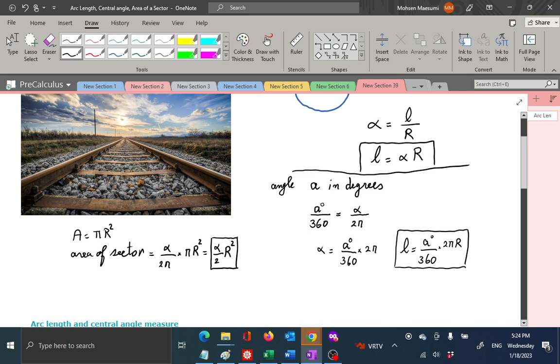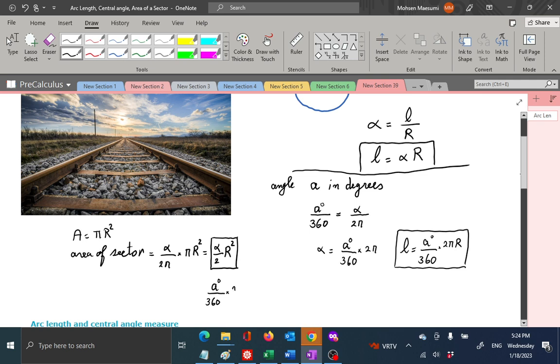If the angle was given to us in degrees, again what we are going to do is to take that angle divided by 360, that's a fraction of a circle, the angle that we have.